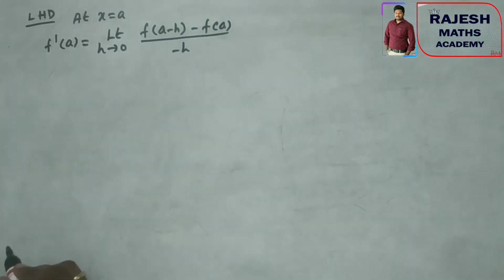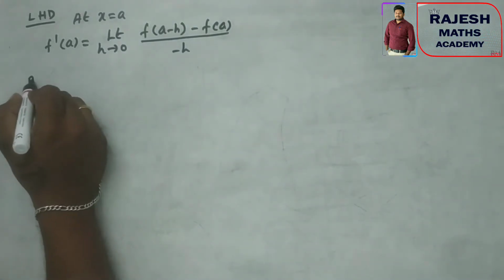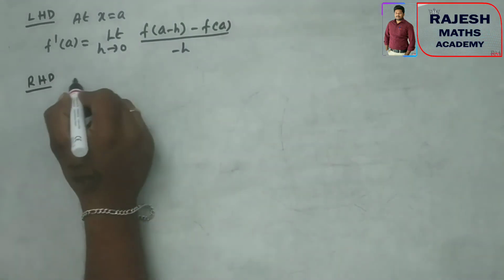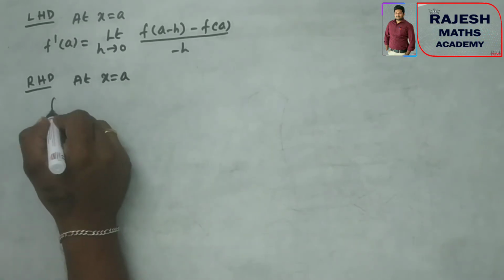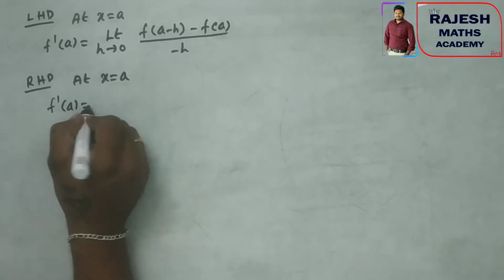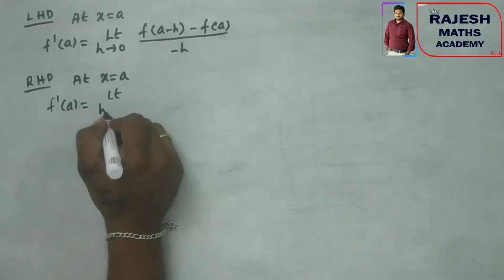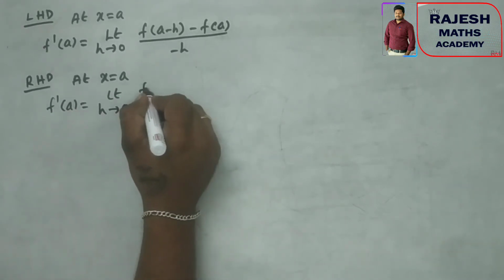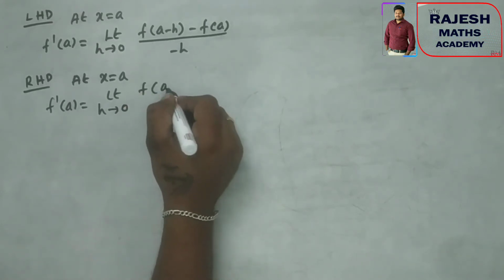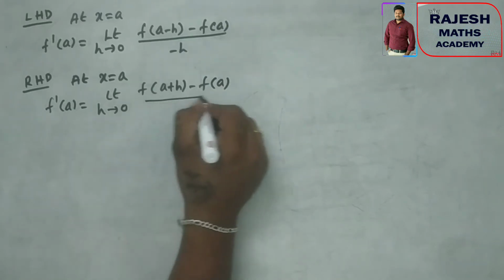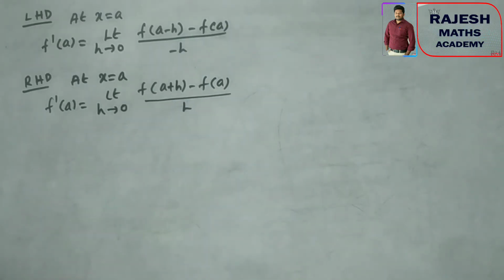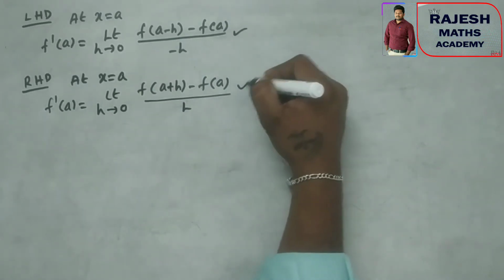This is my left hand derivative. What is right hand derivative? RHD at the point x equals a means f dash of a equals limit h tends to 0 of f of a plus h minus f of a divided by h. This is my right hand derivative.